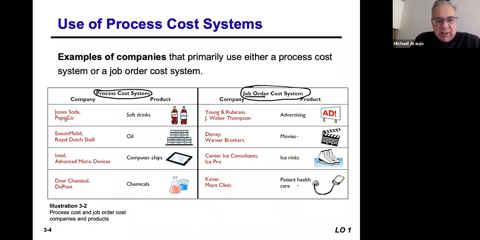Whether it's for soft drinks or oil or computer chips or chemicals, it's one long continuous process until a bottle of soda pops out, or some other product pops out. And so these are just examples of companies that use different systems. Okay.